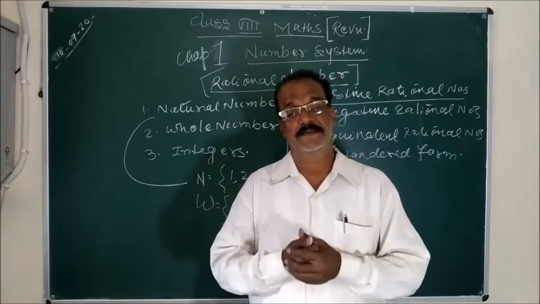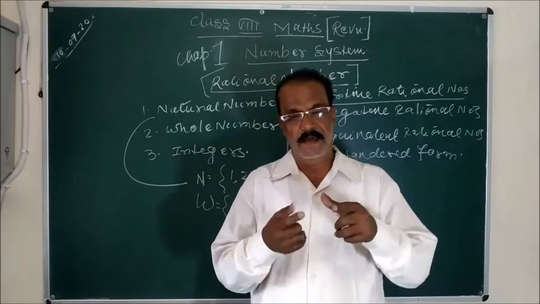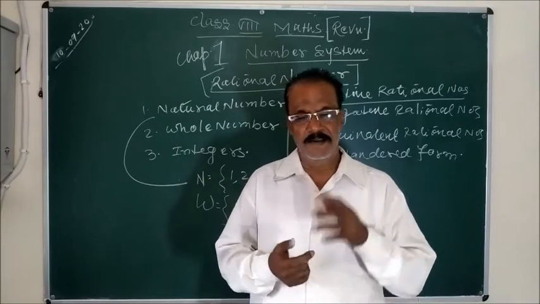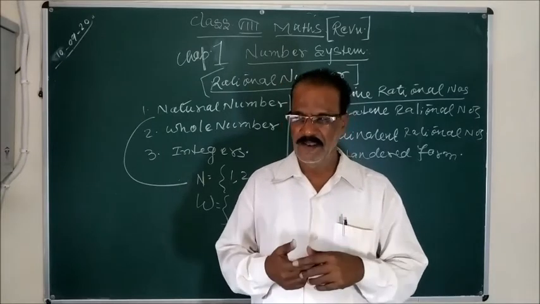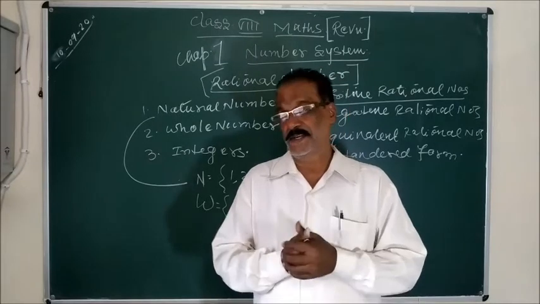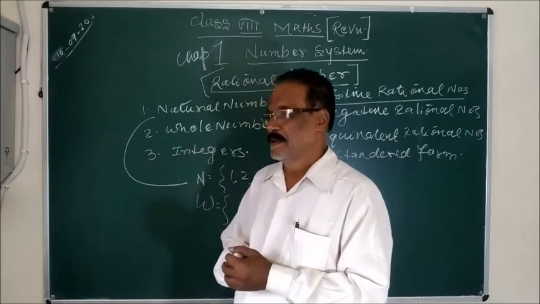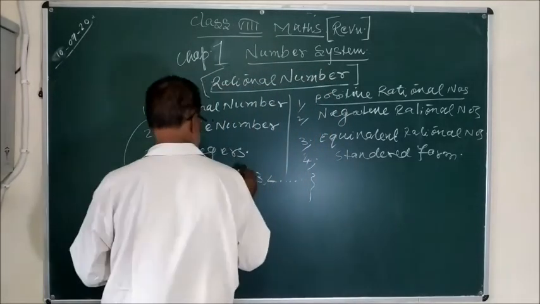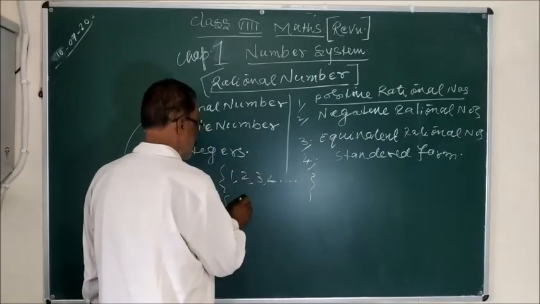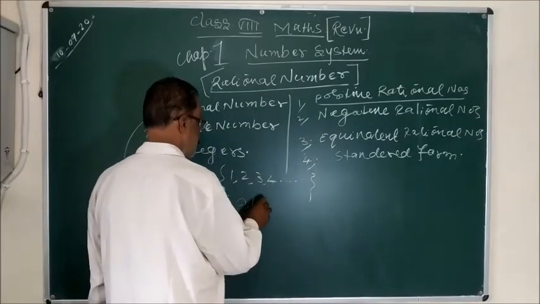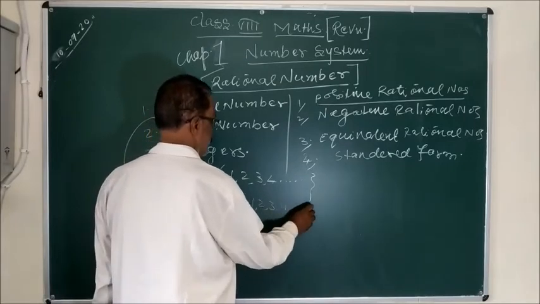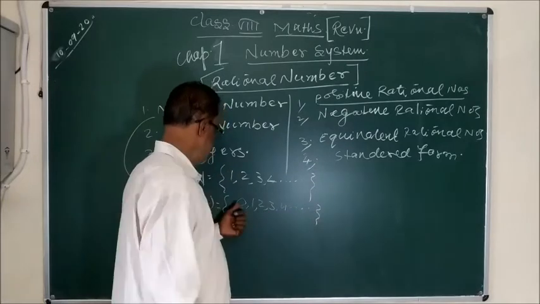Zero ka properties you must have seen, in the solution, in the question. Very important digit, zero. So if you include zero in this set of natural numbers, you can write like this: 0, 1, 2, 3, 4. So this will be called whole numbers.